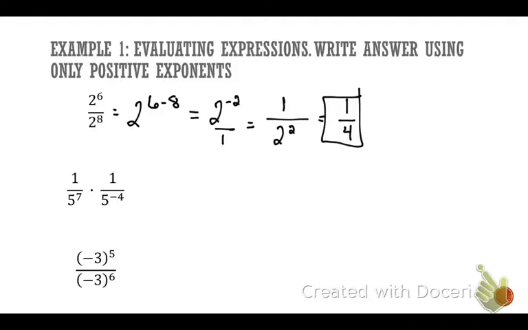Then I don't even have to worry about it. Right? So Jordan, what's 7 plus negative 4? 3. It's 3, right? So now I have, instead of having a negative, I just have 1 over 5 to the 3rd power. Now you have to evaluate that.